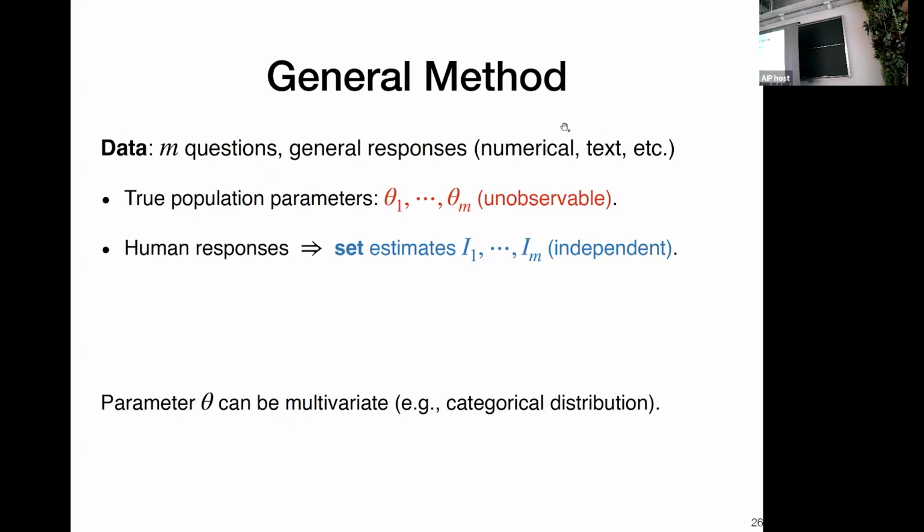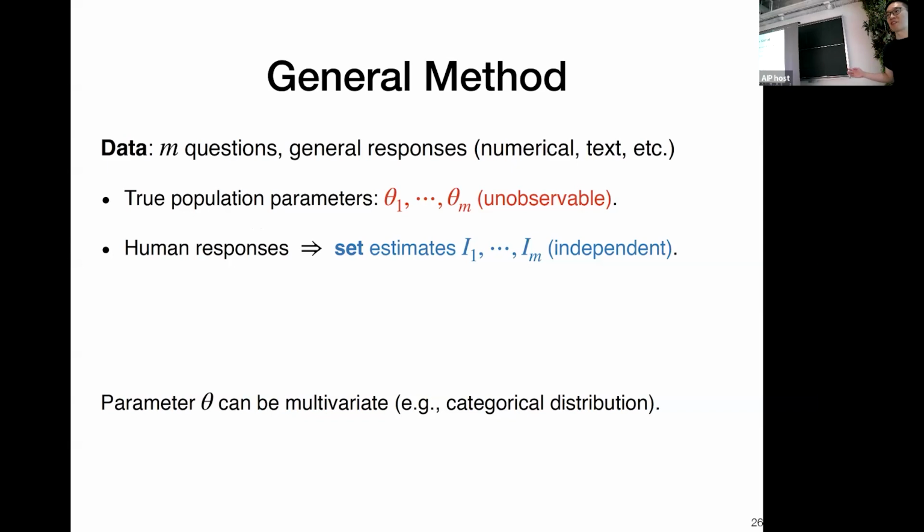So there can be general questions, and for each question, there's still some population parameter of interest, right? It's not the Bernoulli proportion, but it could be, let's say, the average length of the response, or the median number, or 70 percentile, or some word frequency, etc. So for each question, there's a population parameter of interest.